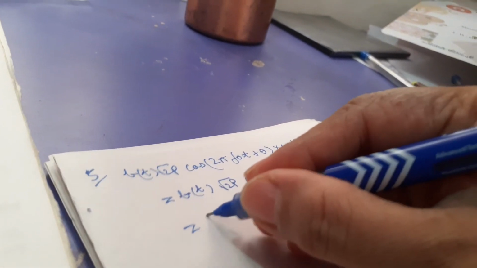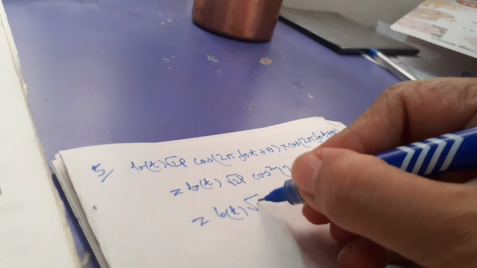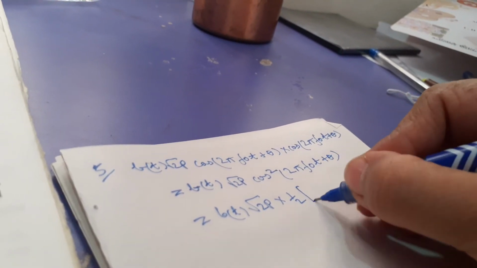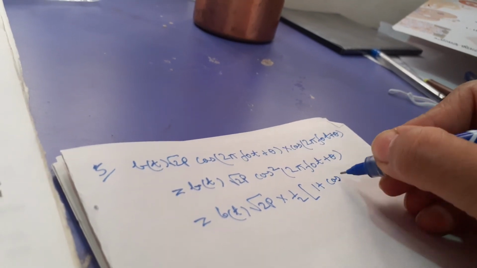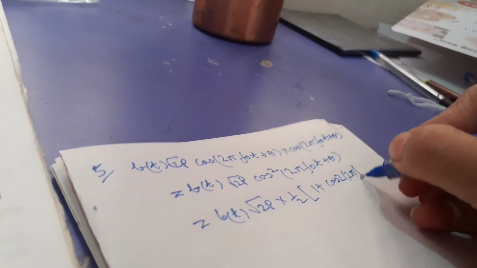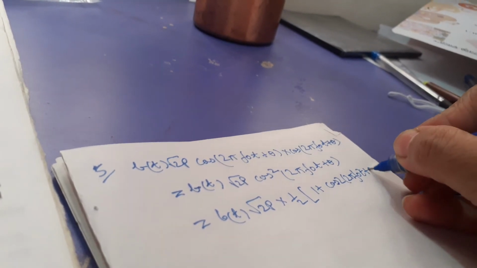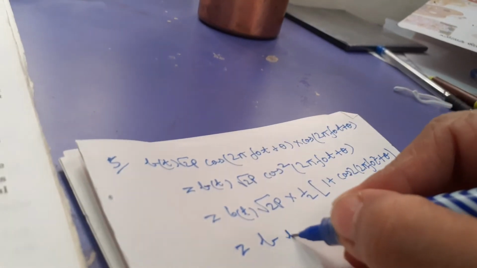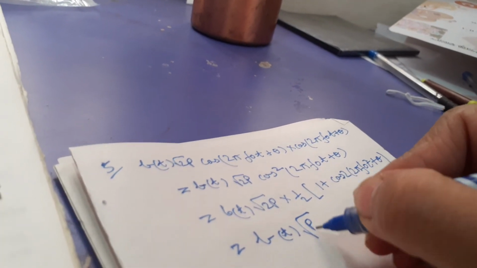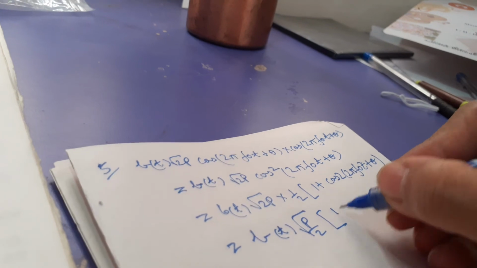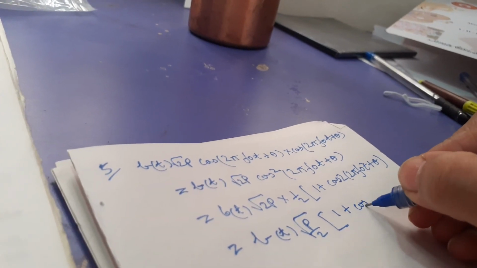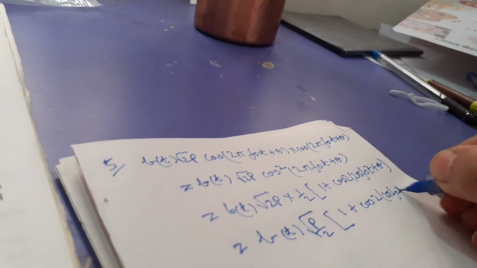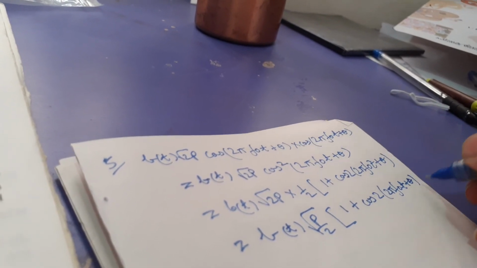Further, using what we calculated before, 1 plus cosine of 2 pi f naught t plus theta, this will further give B of t root P over 2, 1 plus cosine of 2 pi f naught t plus theta.